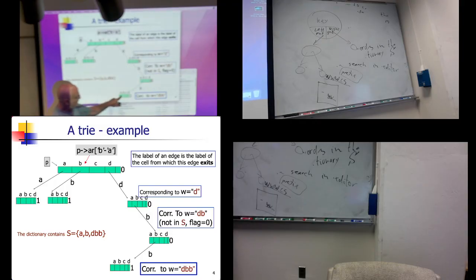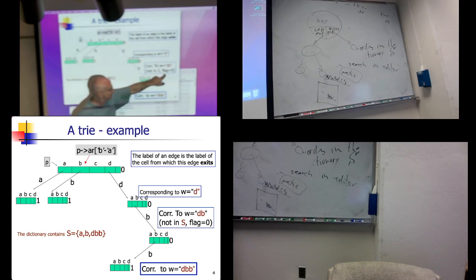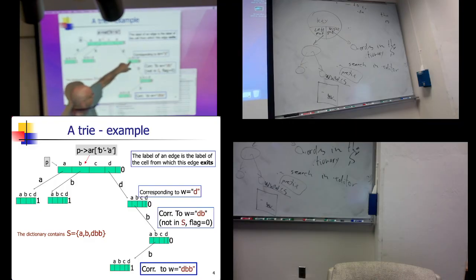Make sense? What about this node? It comes to the path to it, and it's a tree, so there is a unique path. The path to it is labeled D followed by B followed by B, so this node corresponds to the word DBB. The node above it corresponds to the word DB. This one corresponds only to the word D.